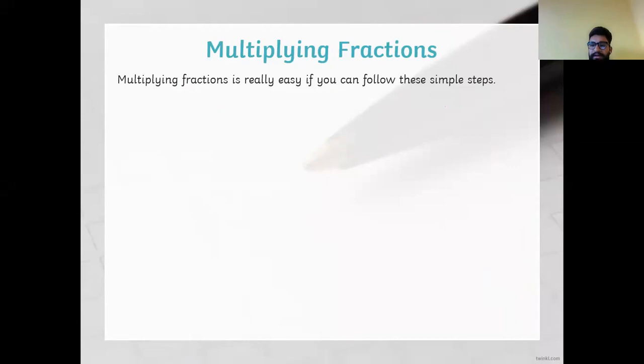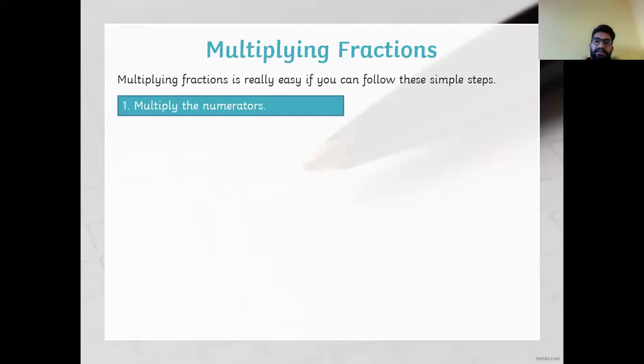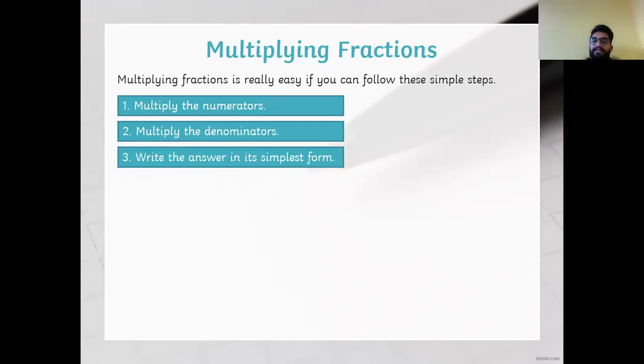Converting mixed into improper is needed, but no need to find the LCM of the denominators. Our rule is: whenever we have any two fractions, either proper or improper, we multiply the numerators first, then we multiply the denominators. Then we write the answer in simplest form. We have just three rules: multiply the numerators, multiply the denominators, then write the answer in simplest form.